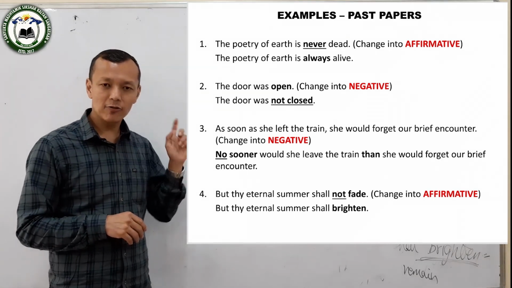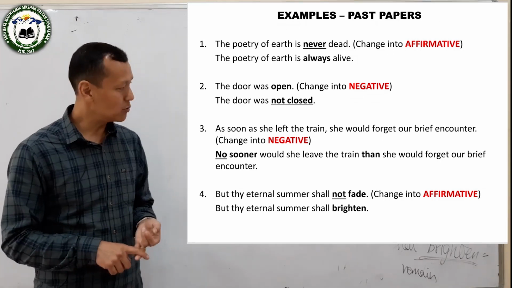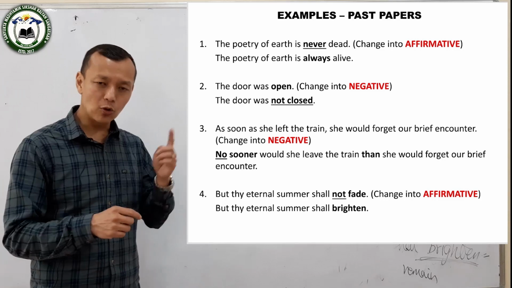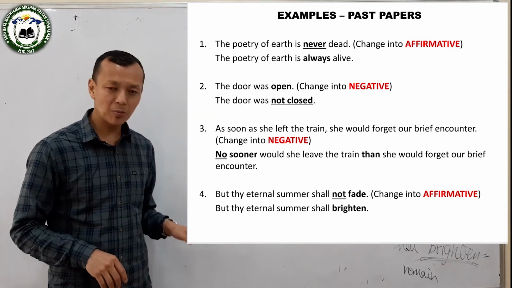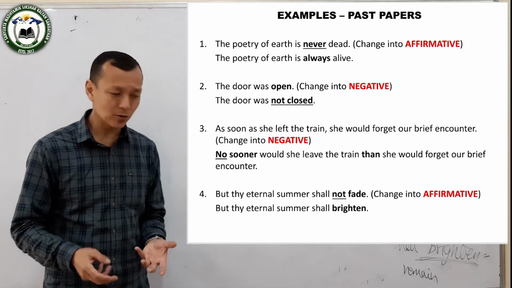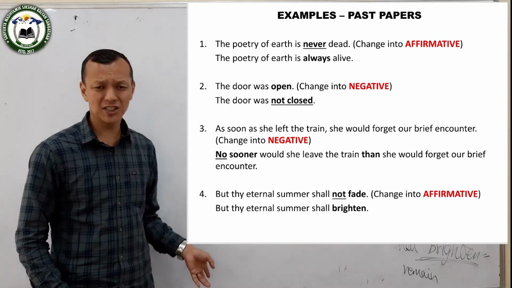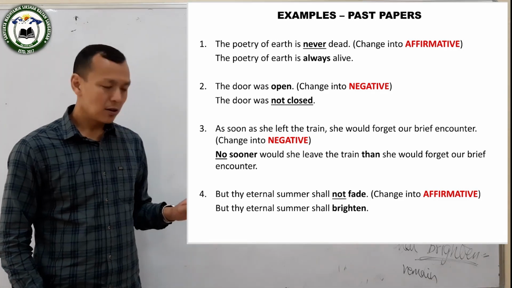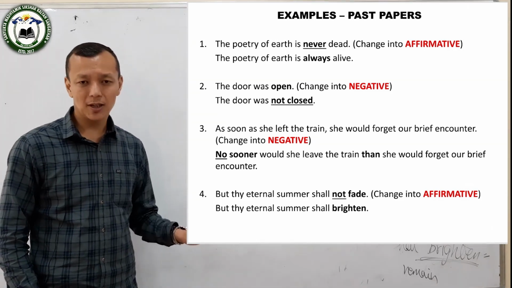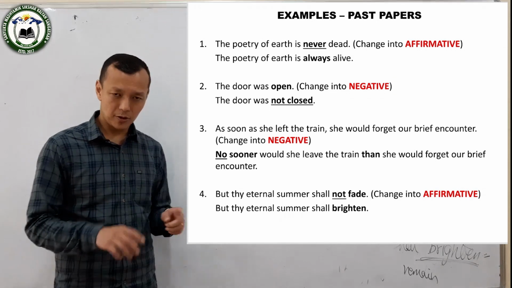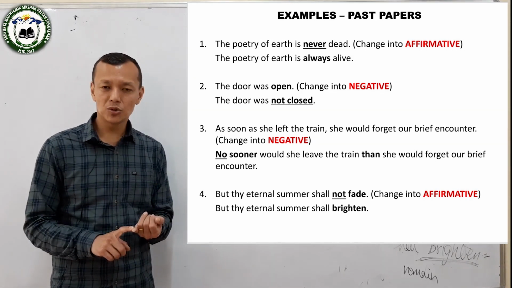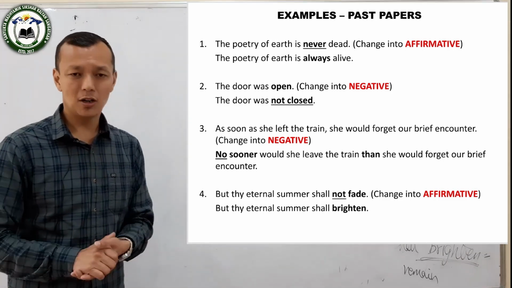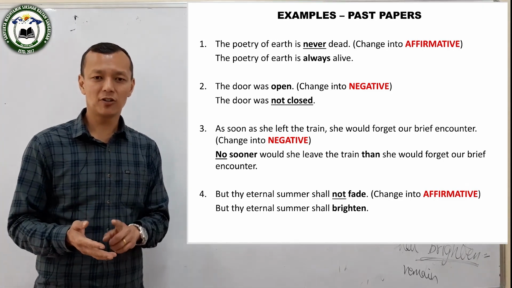In number 1, never dead like always alive बनायो. Number 2 मा was open like not closed बनायो, open को opposite closed लेख्यौं. अनि लास्ट मा fade को opposite bright लेखेका छौं. So again two ways in which you can write that answer, but thy eternal summer shall remain bright लेख्दा पनि हुन्छ. So remember this opposite word use गर्नु पर्यो, अनि not लेख्नु पर्यो कि लेख्नु परेन depending on whether it is affirmative or negative.